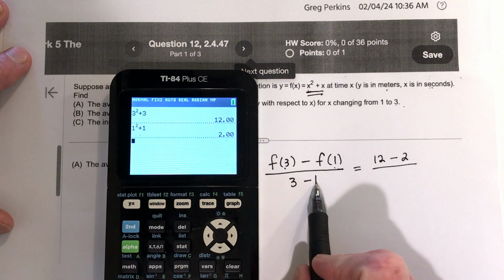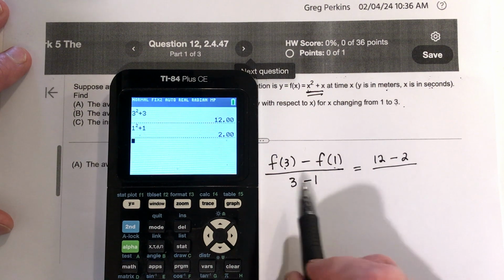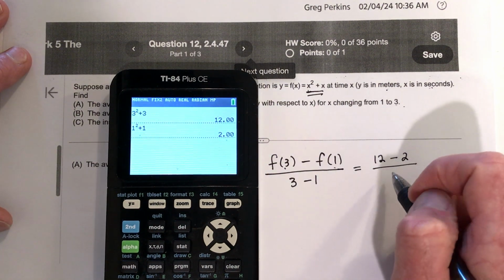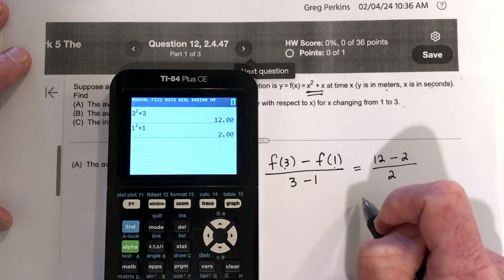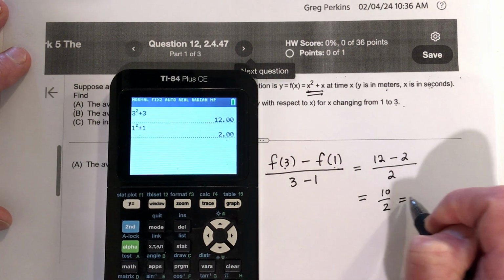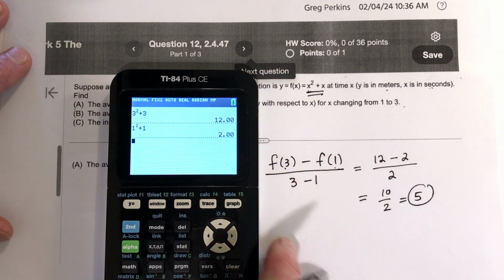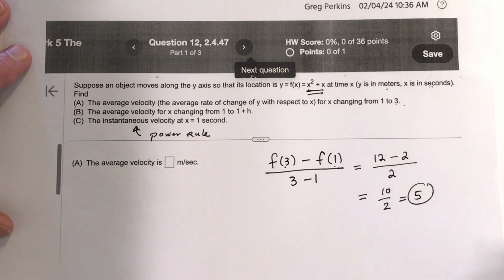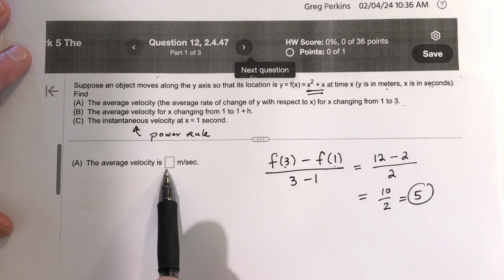And on the bottom, I don't even have to use a calculator. Check this out, 3 minus 1 is 2. And then on the top, that's going to be 10, and 10 divided by 2 is 5. So that's the average velocity.